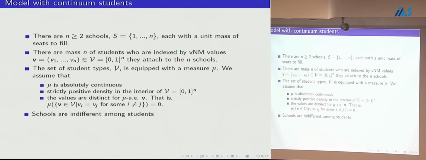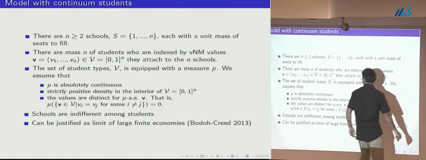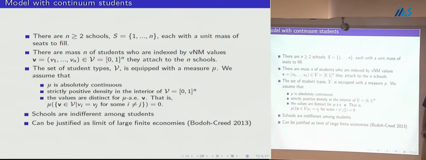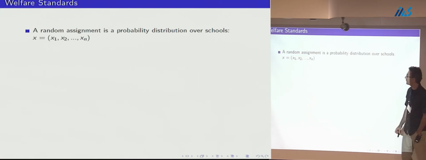And schools, again, we are going to assume no priorities. But, hopefully, if I have time, I'm going to show some simulation results with priorities. And this model actually can be justified as the limit of a sequence of large finite economies. Now, a random assignment is going to be a probability distribution over schools.